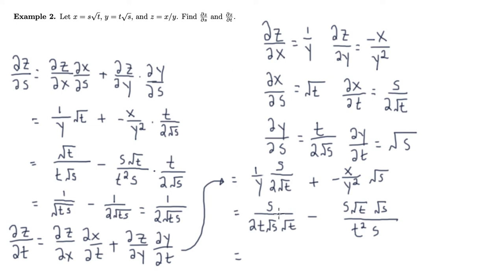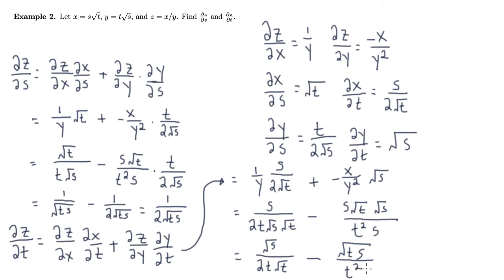Okay, so then what do we have? Here we're going to have a root s on top, so square root of s divided by 2t root t, and then minus, here the s's will cancel, let's see, well, we can just leave this as root ts all over t squared, like that.